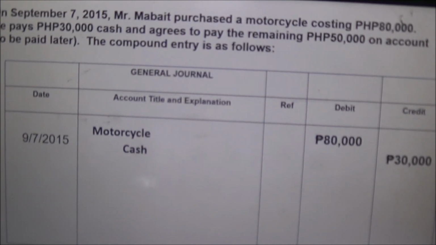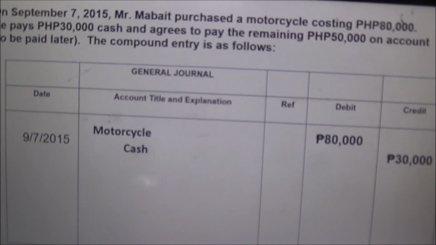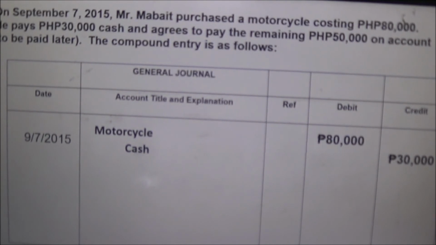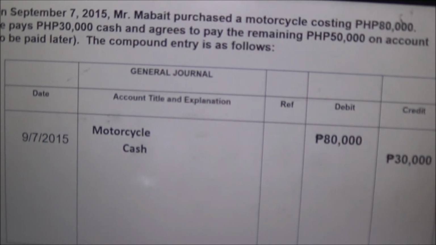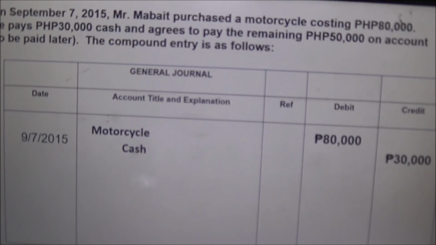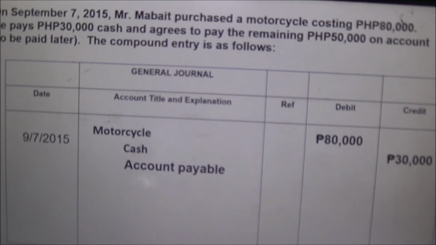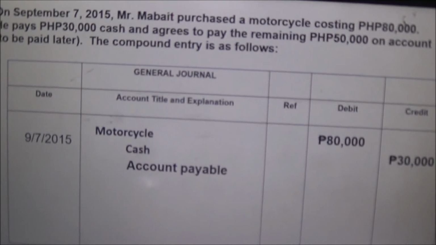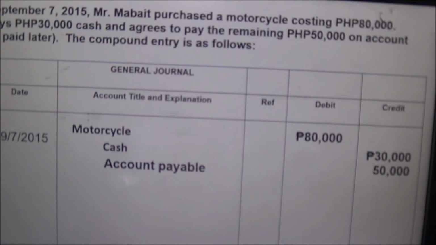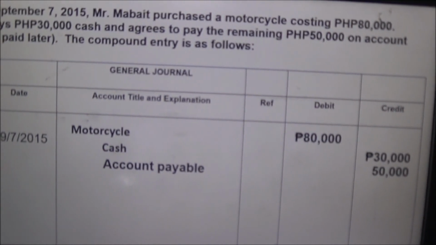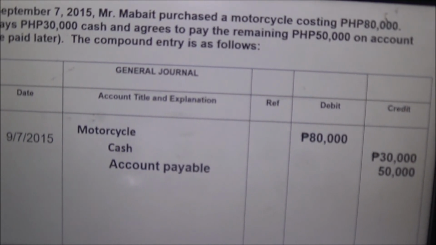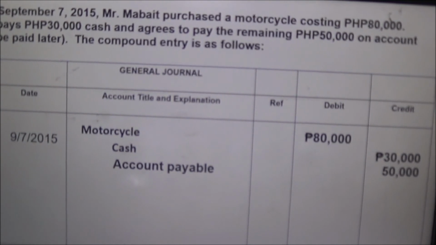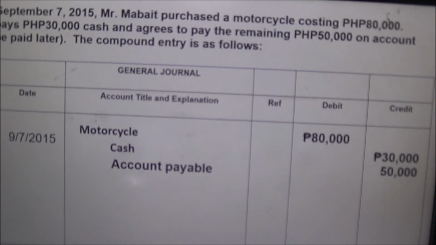And then he has an account payable of 50,000 pesos, so his liability increases. Okay, so account payable credited.